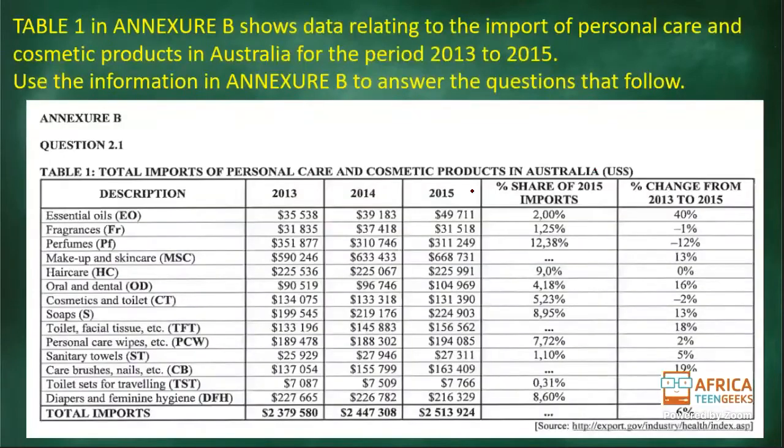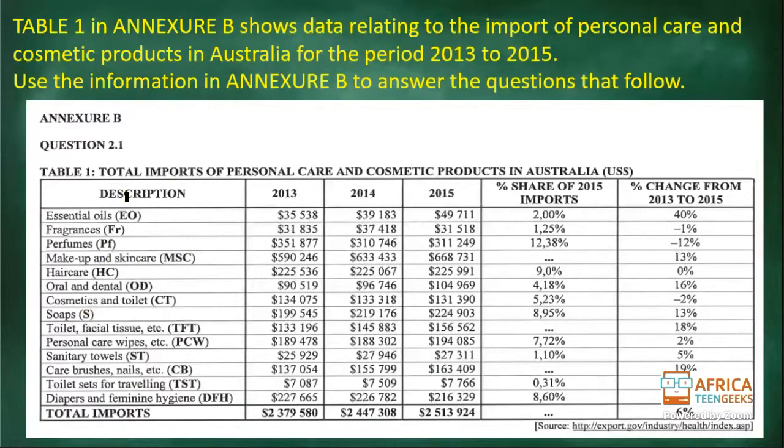So I'll move on. This is the next question now. It states table 1 in Annexure B shows data relating to the import of personal care and cosmetic products in Australia for the period 2013 to 2015. Use the information in Annexure B to answer the questions that follow. So let's look at the information provided in Annexure B. This is all the information we have.